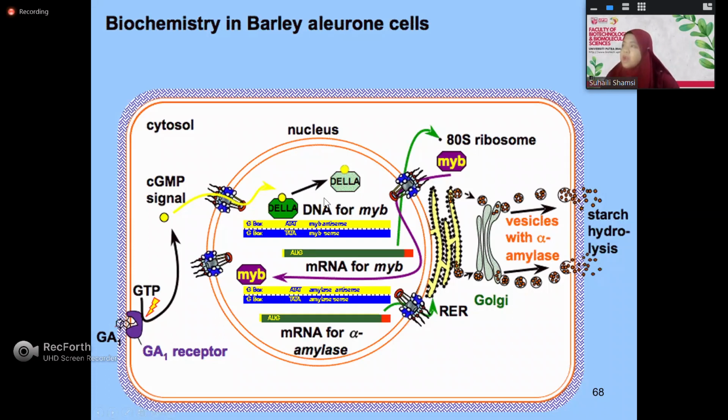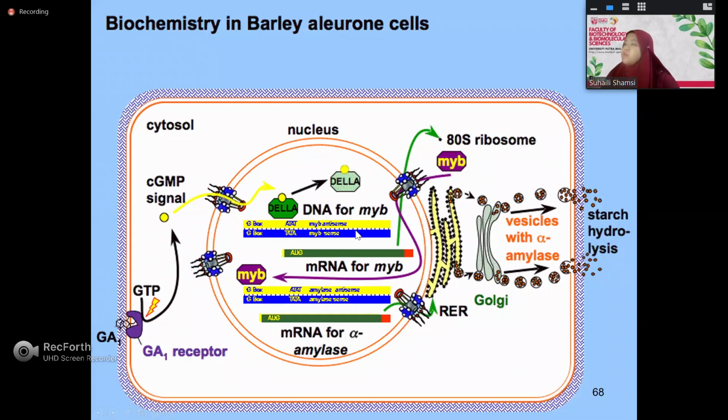And in the inactive form, we have a DELLA protein here. The DELLA protein binds to the gene that encodes for amylase, which is GA-MYB, or MYB. So when gibberellic acid binds the receptor, it transports a signal into the nucleus, and this signal will then bind to the DELLA protein and release it from the gene, making the gene active, right?